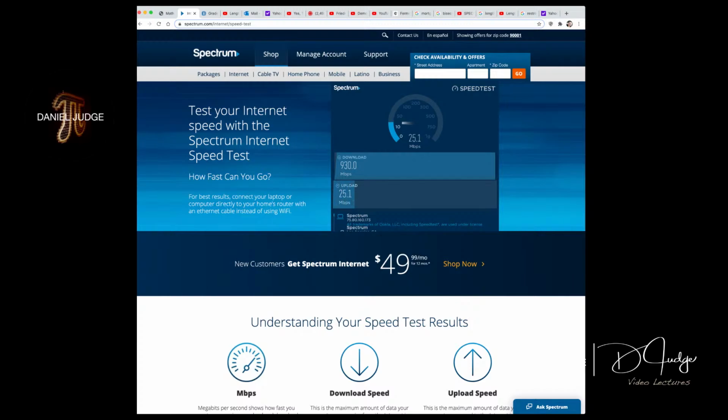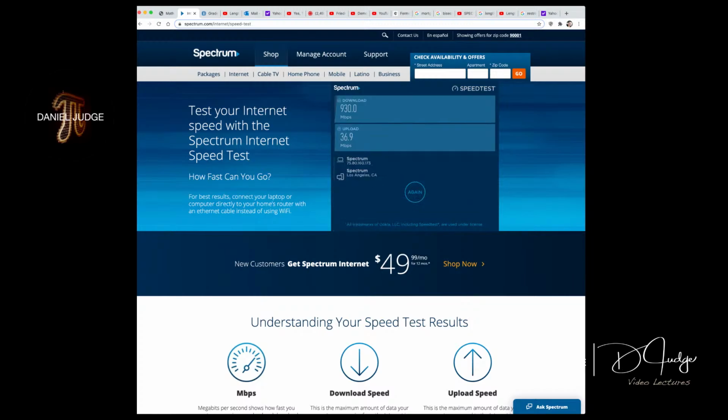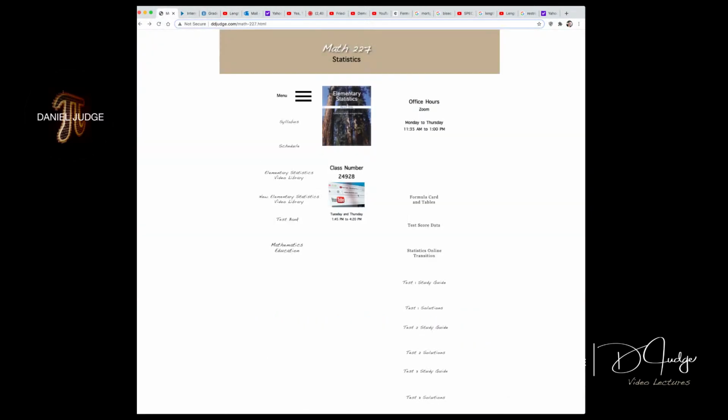Okay, so the download speed is actually better than earlier today, slightly better, and the upload speed is comparable. It's the same. So you're going to have an excellent experience if you post your YouTube to HD. So please do that, and we'll be good to go.